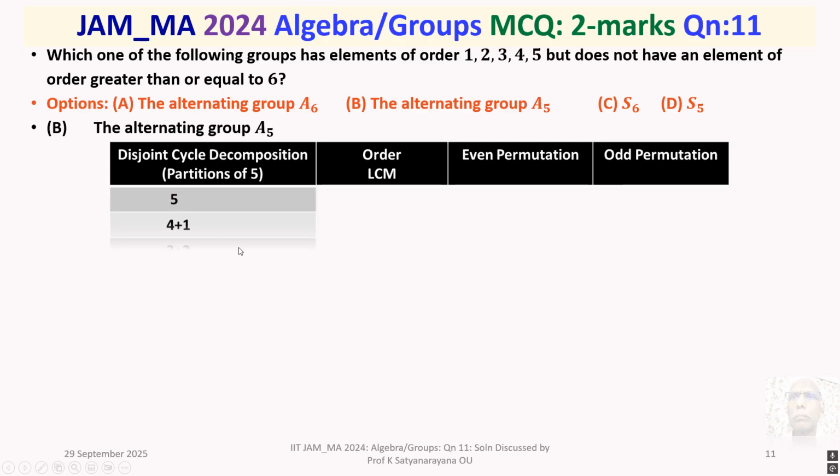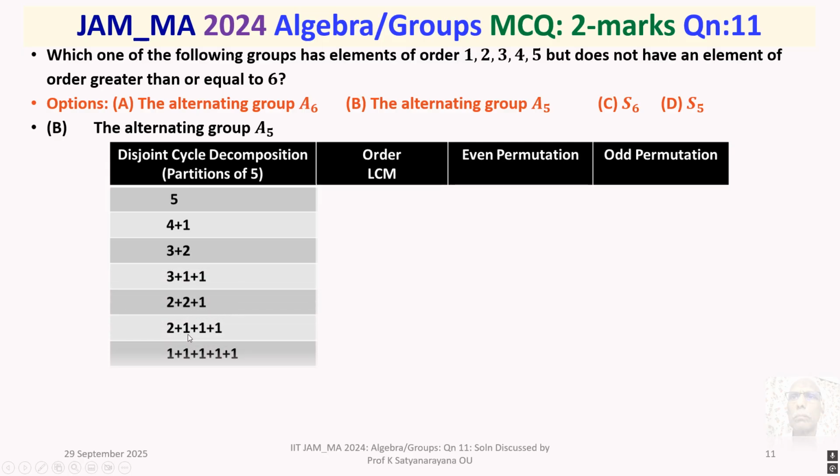5, 4 plus 1, 3 plus 2, 3 plus 1 plus 1, 2 plus 2 plus 1, 2 plus 1 plus 1 plus 1, and 5 ones. These are the partitions. These partitions can be disjoint cycle decompositions of permutations of S5.